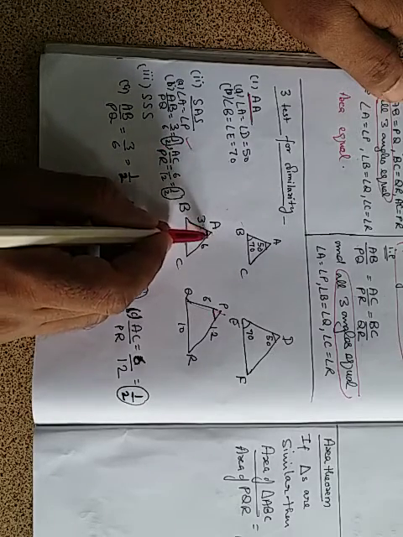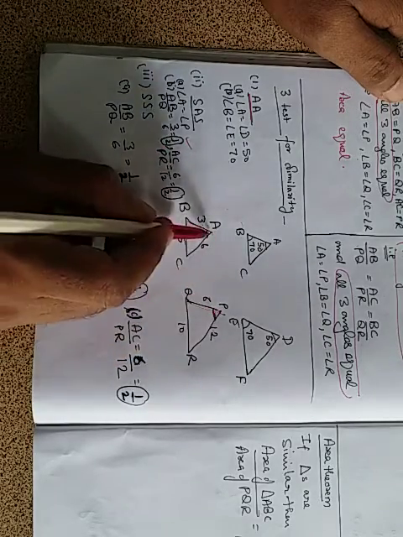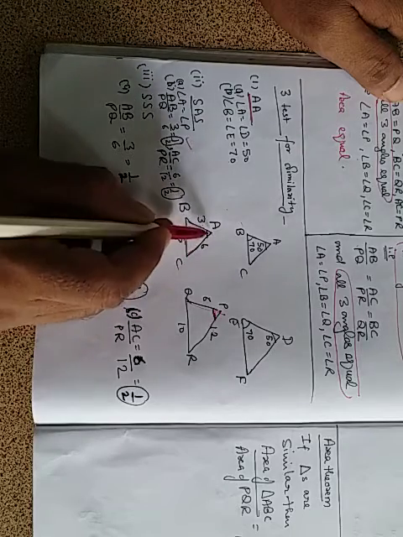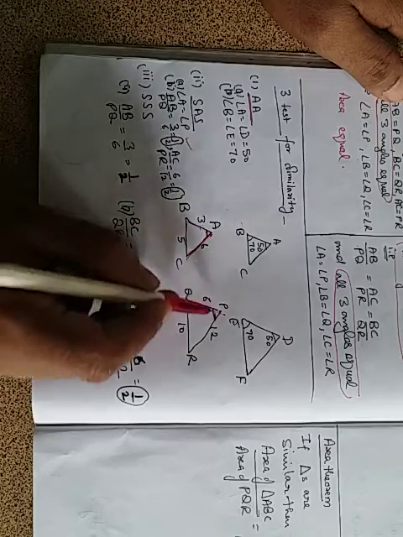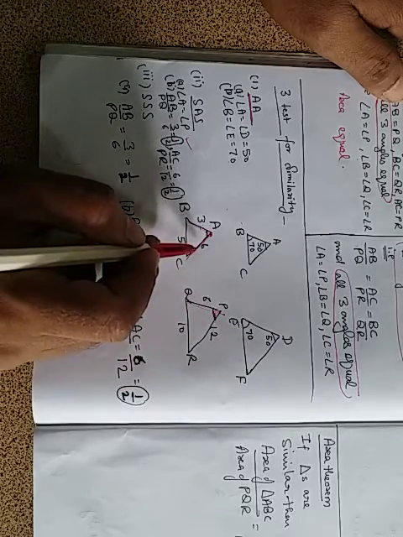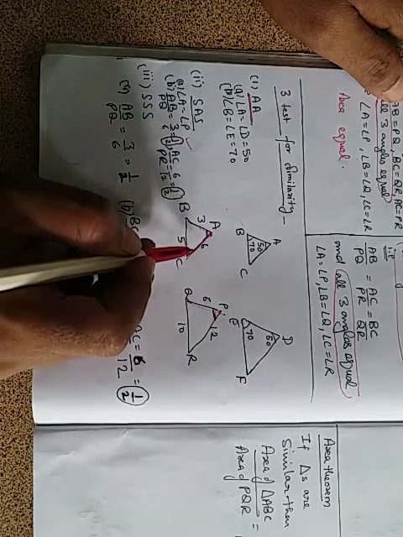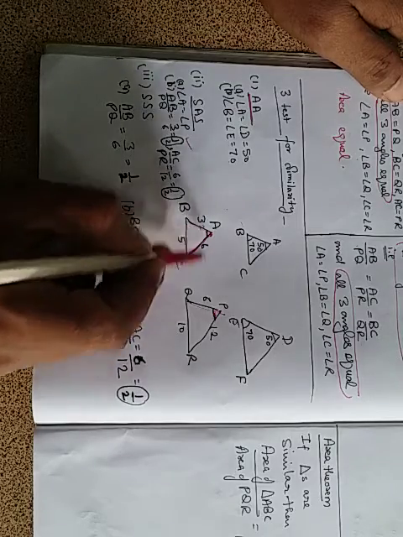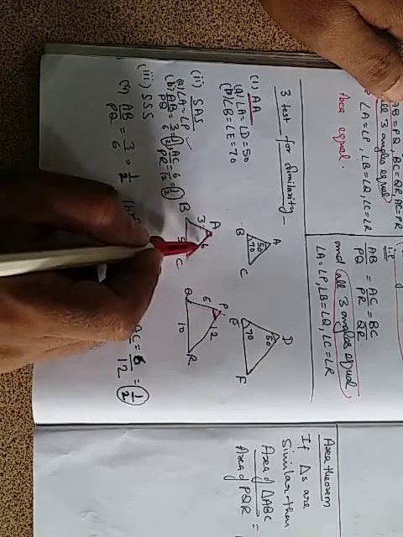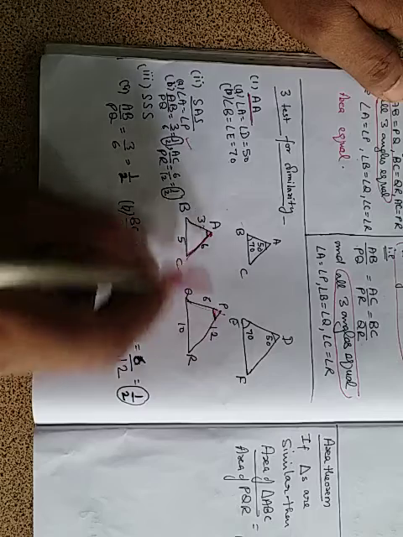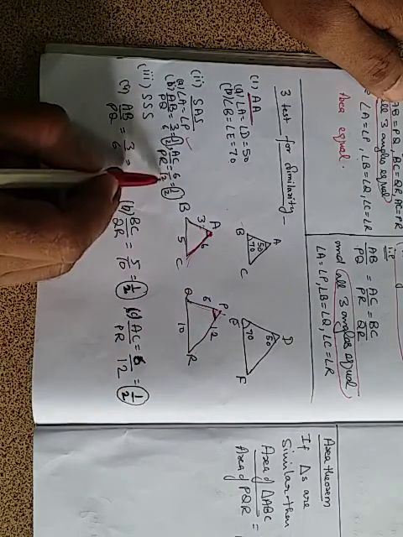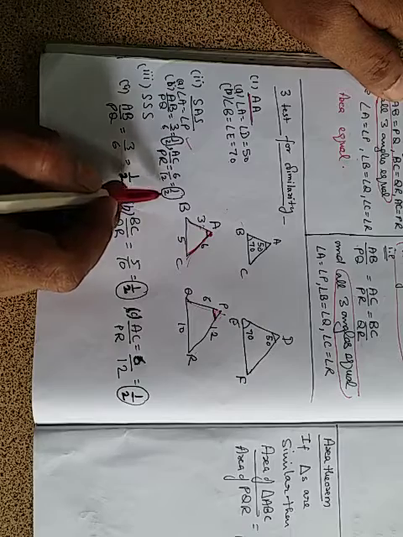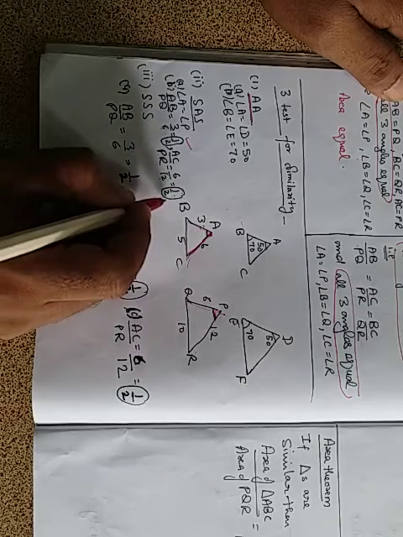Same way, take the side adjacent on the other side of the given angle. Corresponding side means whatever side is adjacent to the given angle. So 6 upon 12, that is 1 upon 2.